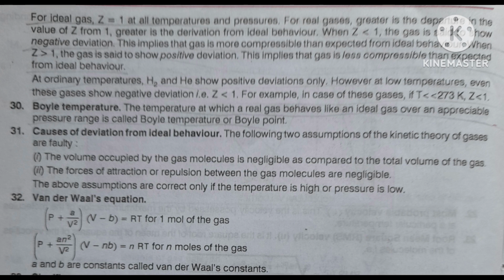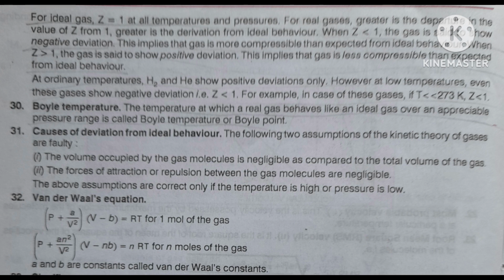Therefore, A is equal to what? Pressure into V square divided by n square. By cross multiplication you will get A is equal to a small p into V square divided by n square.